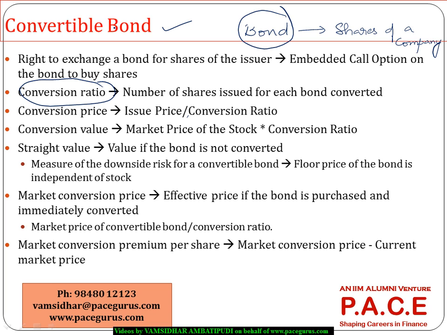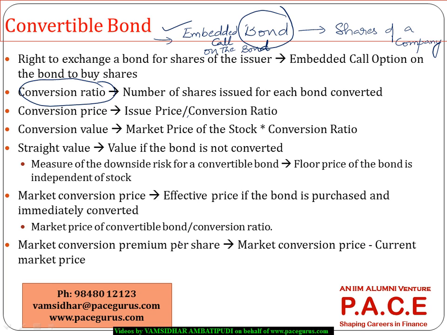So sometimes people look at a convertible bond more on the lines of an embedded call option on the bond. More or less similar to an embedded call option on a bond, but of course we look at two key differences between a convertible and a callable bond.